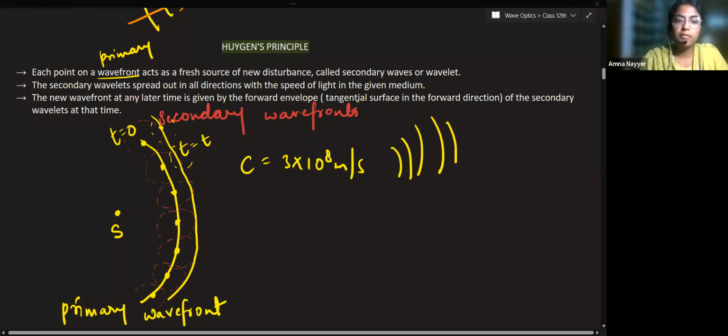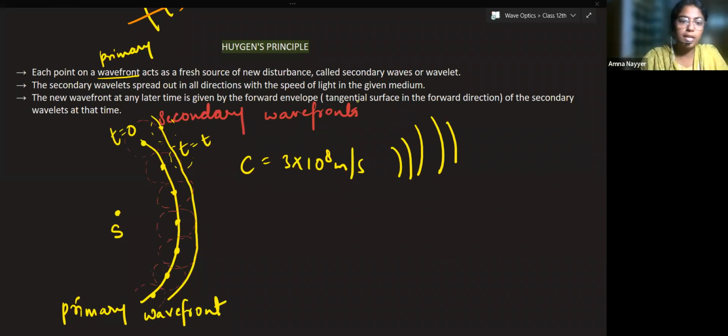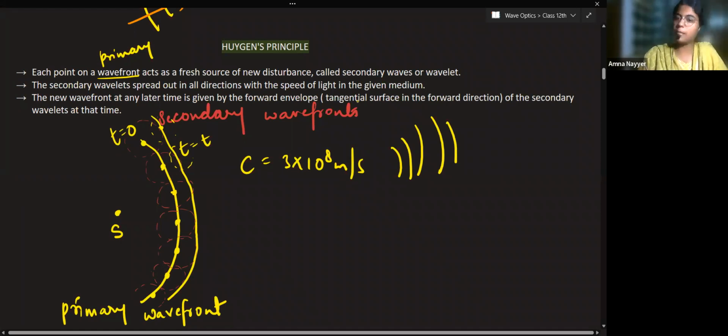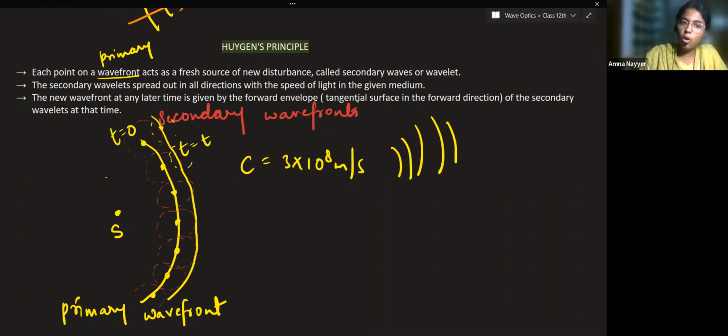One source gave rise to the primary wavefront, and this primary wavefront has many points, so it now has many sources for secondary wavefronts. Let's say this produces a spherical wavefront, and I'm taking a part of it. All these points are now acting as new sources of the wavefront.